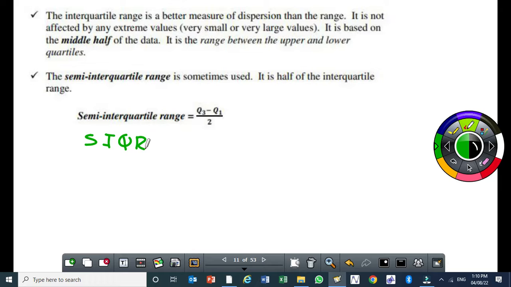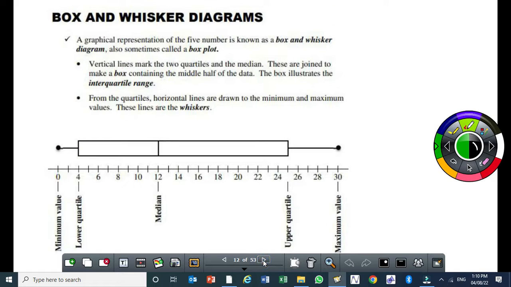The semi-interquartile range generally is not as important as the interquartile range, but it is also one of the measures of dispersion.